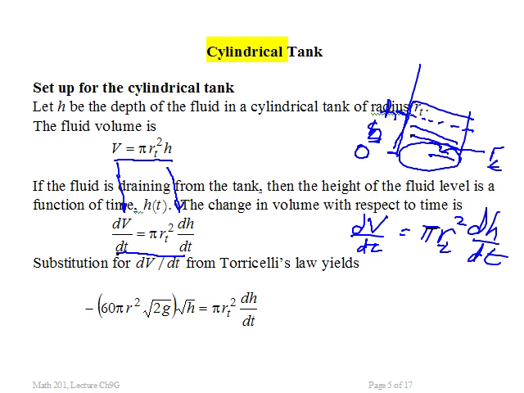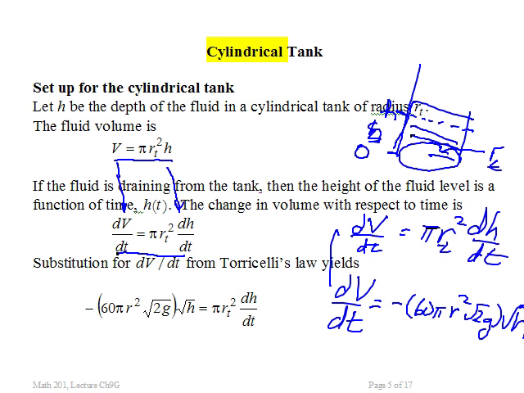From Torricelli's law, assuming a circular outlet pipe located somewhere down at the bottom of this tank, which I'm not going to touch anymore, it ended up being, because it's draining, minus 60 pi times the radius of the outlet pipe squared times the square root of 2g times the square root of h. Both of these are dV by dt, so I equate them.